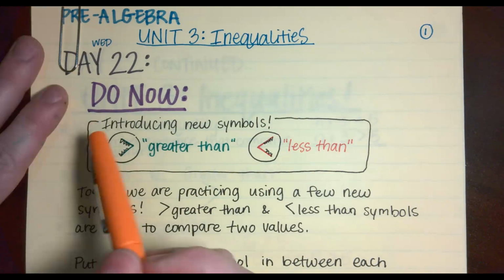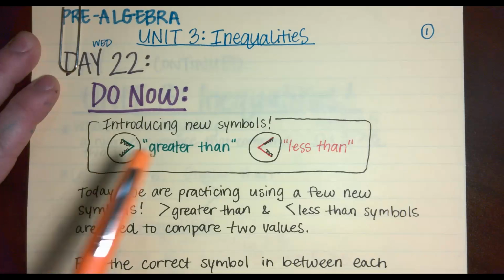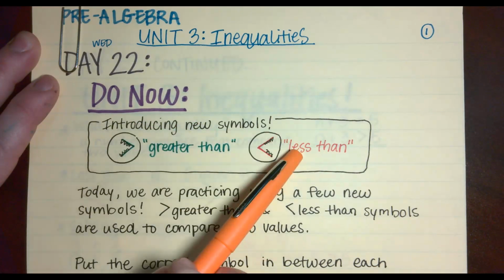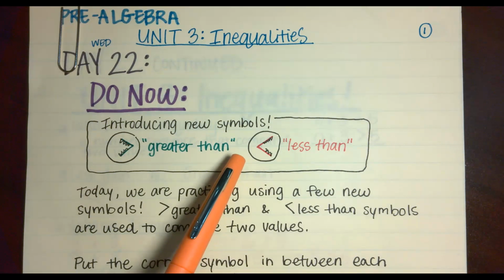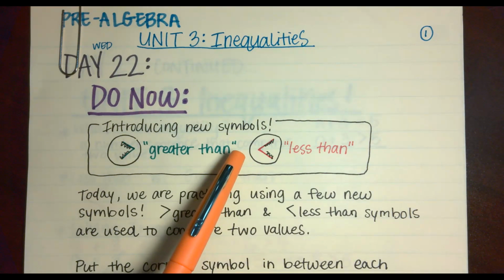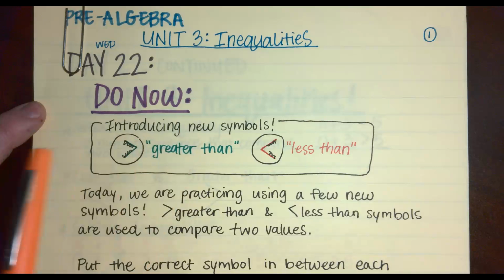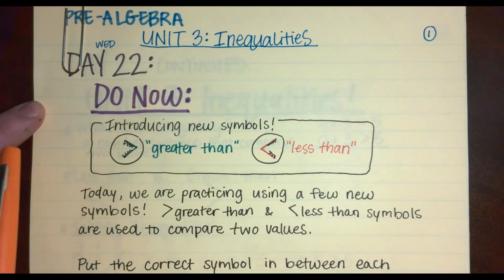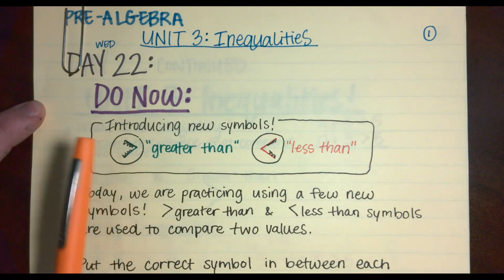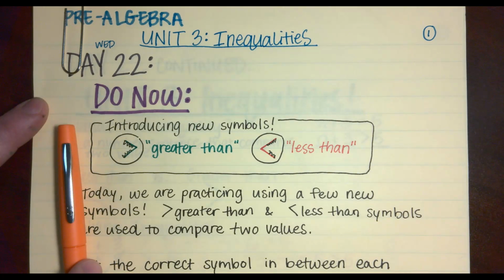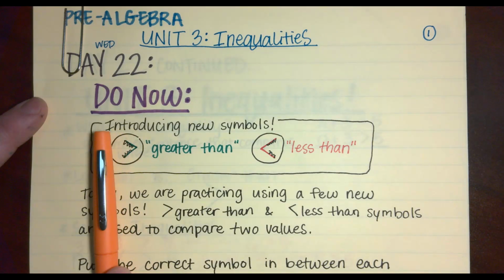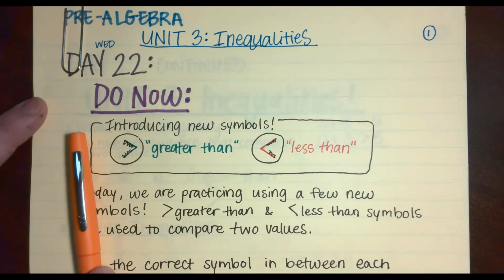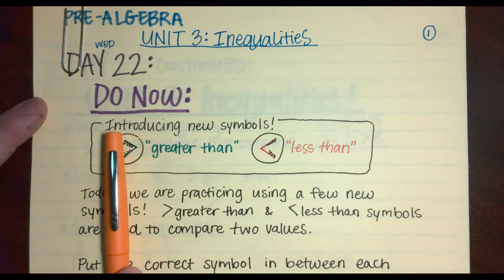Now, one thing that helps us remember which symbol is which phrase, greater than or less than, is I like to think of it as just like whenever we're reading a sentence. In math, we read our number sentence, our problems, from left to right. So whichever end of the symbol I hit first, which in this case, the greater than, I hit the large opening first, that's going to be the greater than because I'm seeing the bigger side first, left to right.